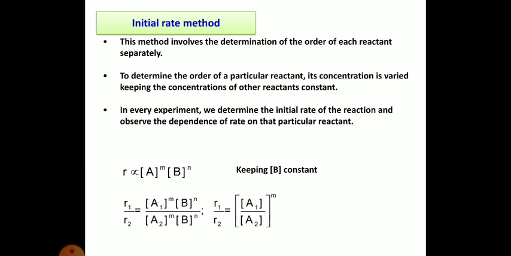Now students, keeping B constant means, suppose you want to determine the order for reactant species A. According to the previous statement, we should keep the concentration of B constant, and for A we determine its corresponding rate.